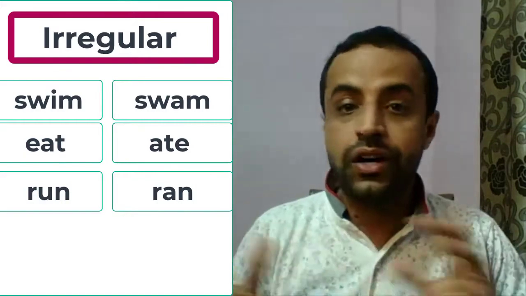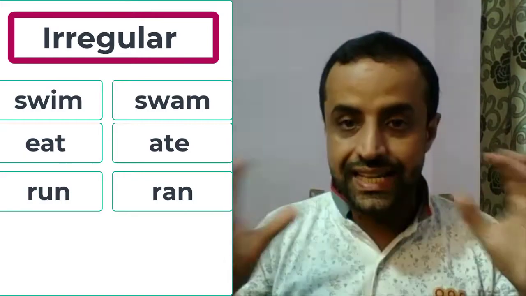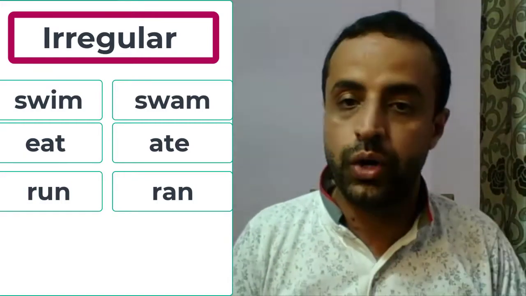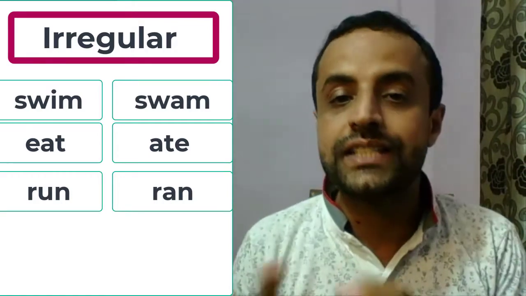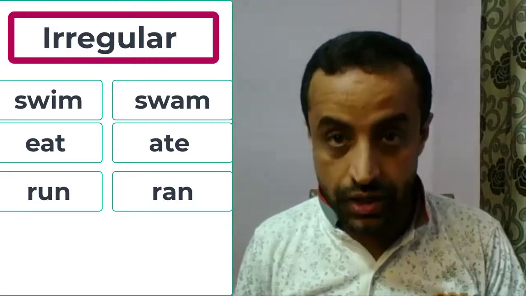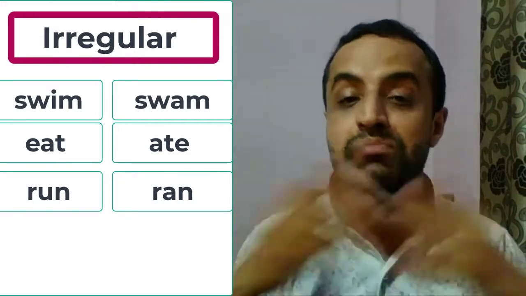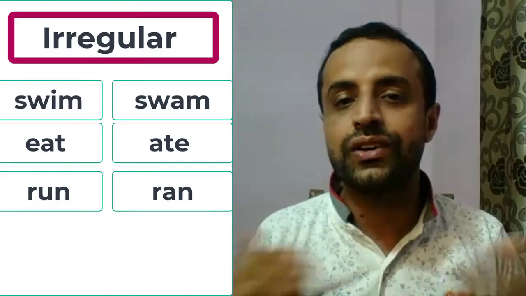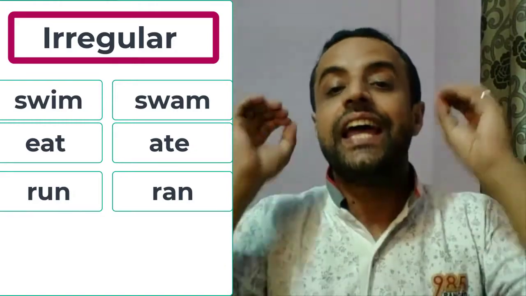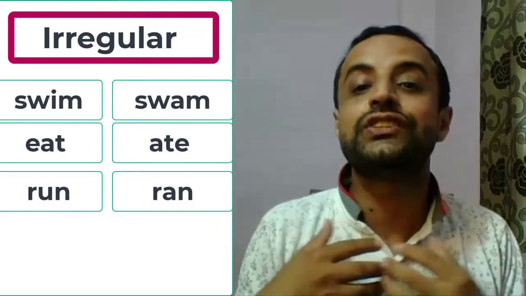Irregular means they are not regular, they don't have the same pattern as those before. So what you need to do is memorize those few verbs. These verbs, you just memorize them. If you memorize them, then you can conjugate or change any verb from present into past tense.